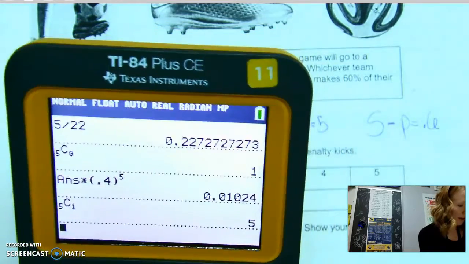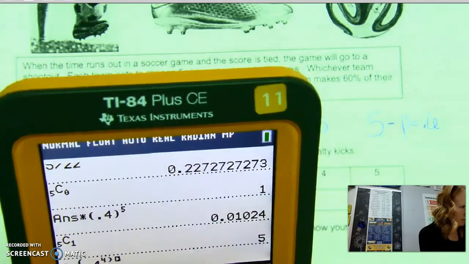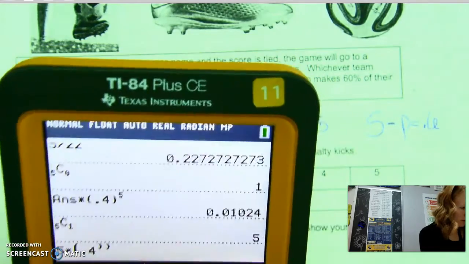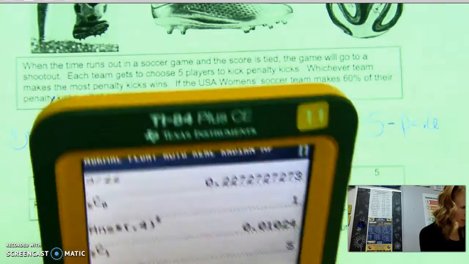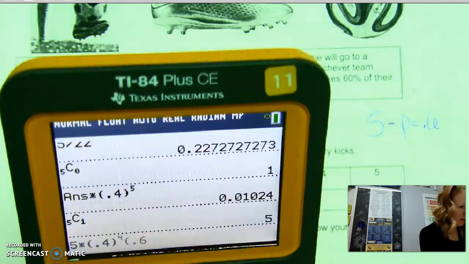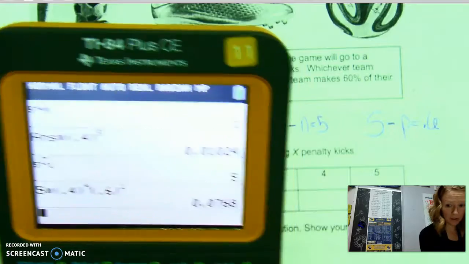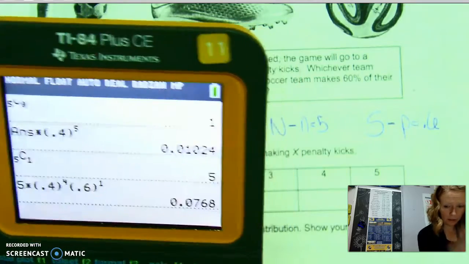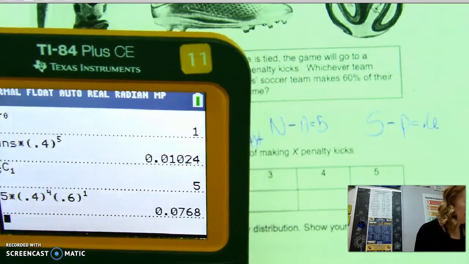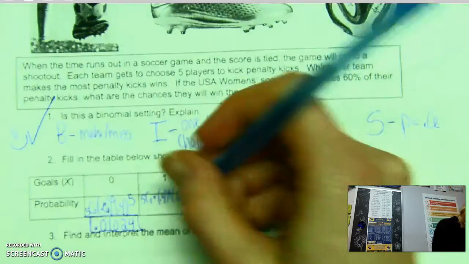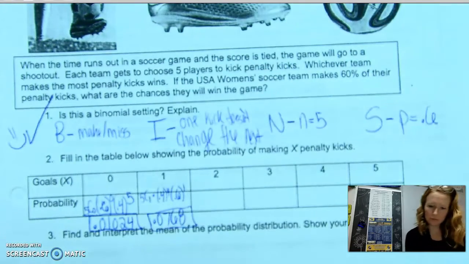Then I multiply that, so 5 times 0.4 to the 4th, and then times 0.6 to the 1st power. And then, boom, I got my answer, 0.0768. Right?